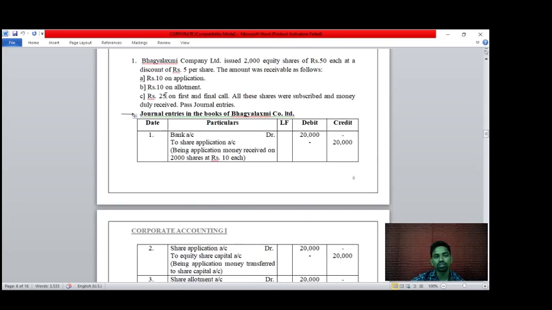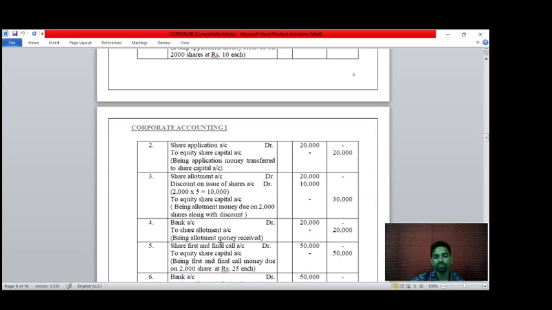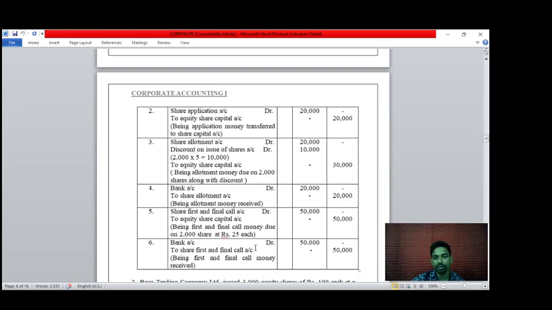That is 25 into 2000, which is 50,000. Then bank account debit 50,000 to share first and final call account credit 50,000, being first and final call money received. Like this we have to pass the journal entries on shares issued at a discount.